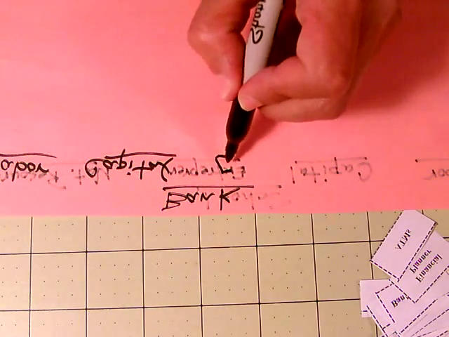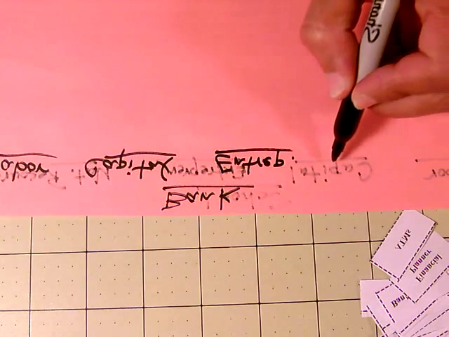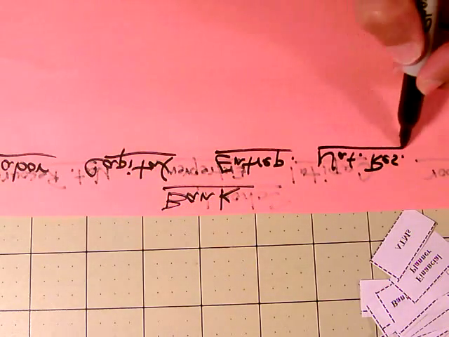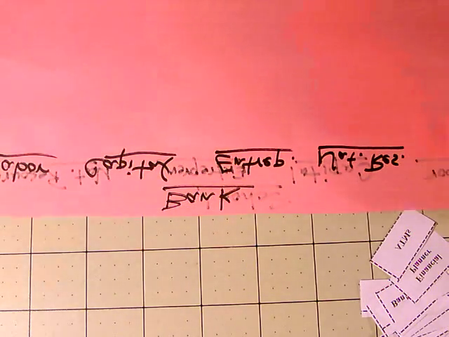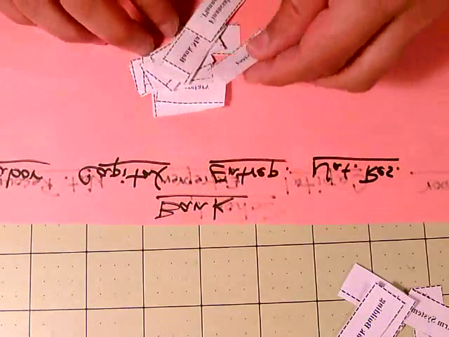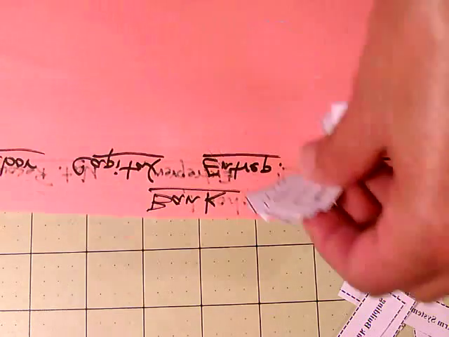What else did we have? Entrepreneurs and natural resources. So for the bank, I would take my stacks. I would divide them into my 4 columns, and I would glue them on.